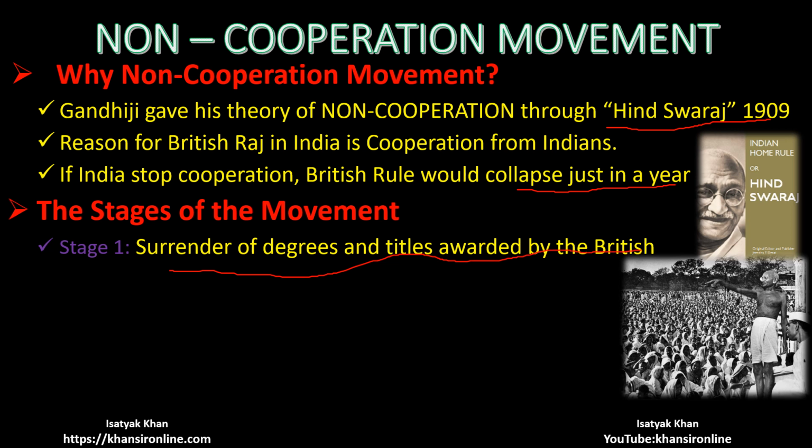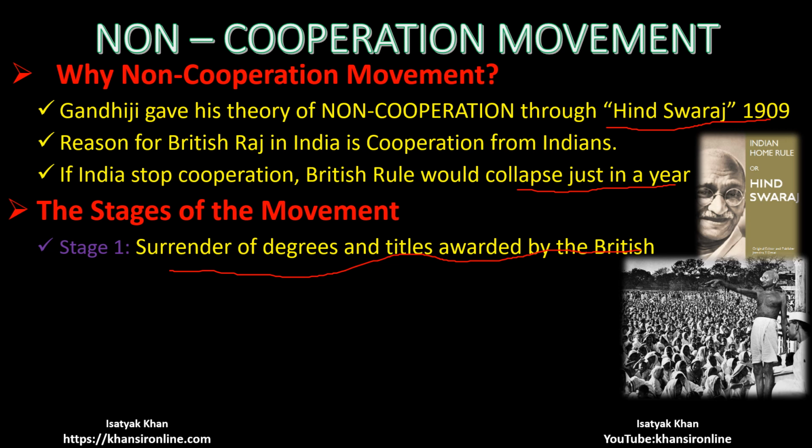Those Indian people who served the Britishers, for example Rabindranath Tagore, who wrote the song Jana Gana Mana Adhinayaka Jai, and some other people were also there. The Britishers offered degrees, titles and awards to some Indians who had served the British Empire.